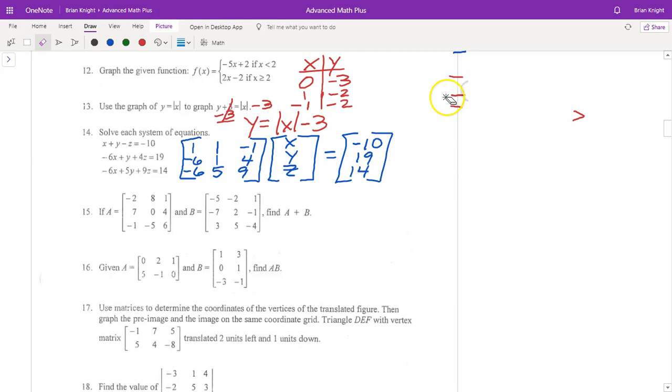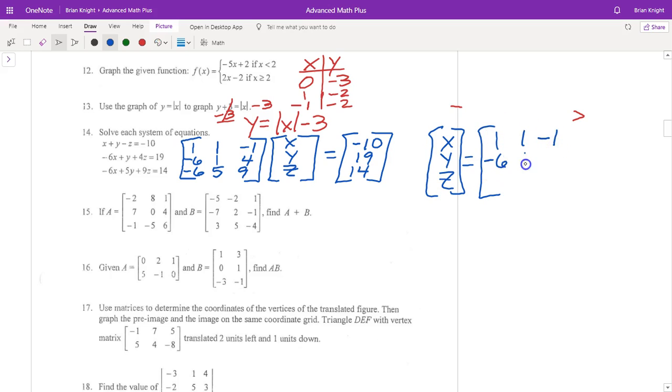So, to get my answers, X, Y, and Z will equal that first matrix, 1, 1, -1, -6, 1, 4, and -6, 5, 9, but it's the inverse of that matrix. You do it to the -1 power, in other words, times your constant matrix, -10, 19, 14.